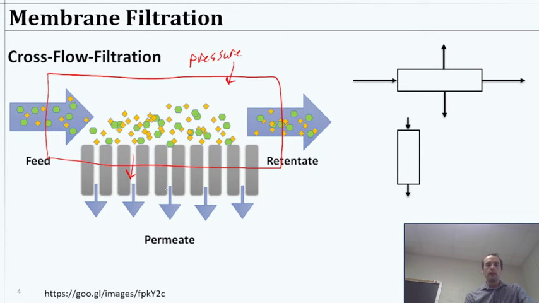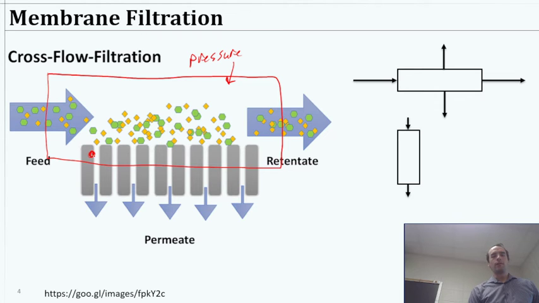So the water only has two places to go, and we basically design it so that passing through the membrane is attractive enough for the water so that we get the type of rejection that we want, while having some flow to carry away all these particles.